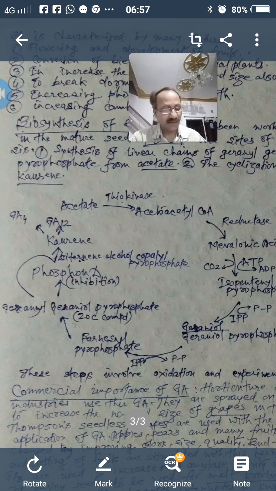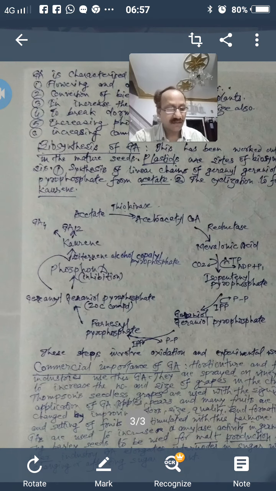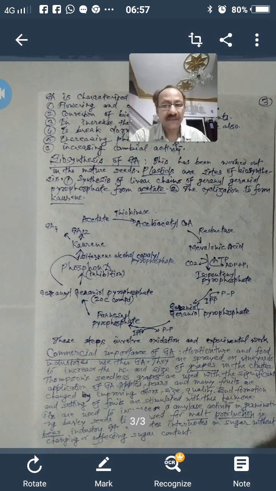These steps involve oxidation and experimental work. So it is a very complicated process to synthesize kaurene into GA4, GA12 in the form of gibberellic acid.